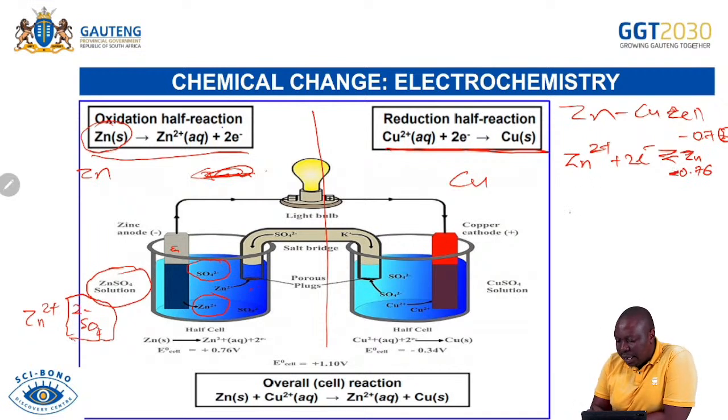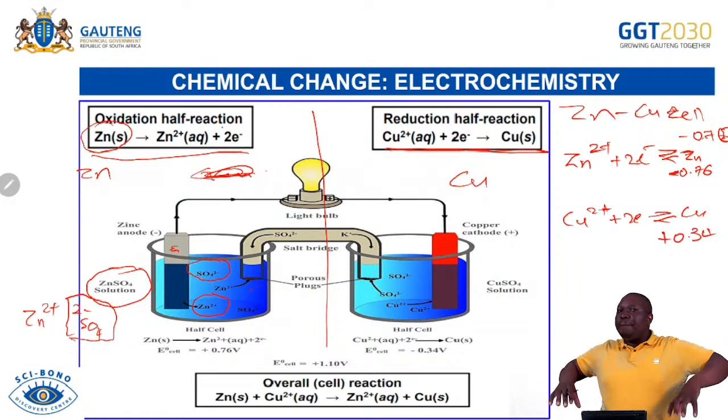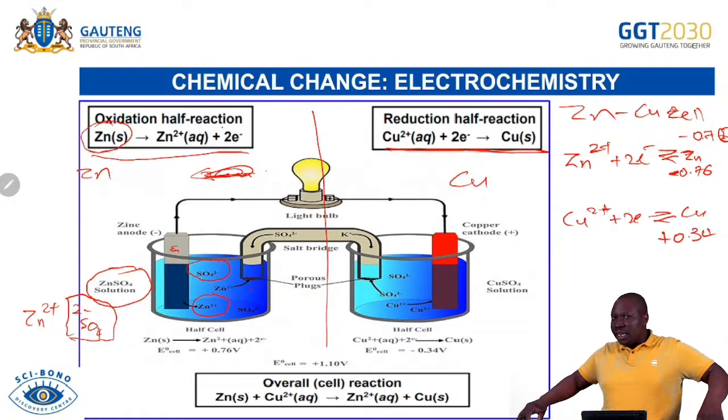And then for copper, it's Cu2+ plus 2 electrons forming Cu. So the standard reduction potential there will be positive 0.34.